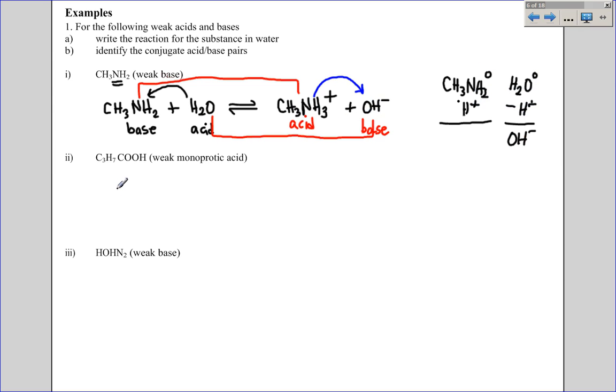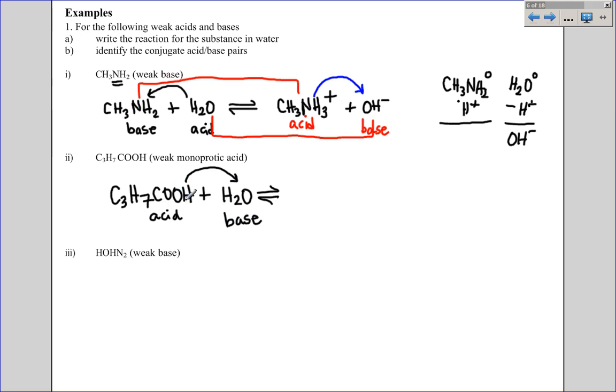Let's look at a second example. This time we've got an acid, C3H7COOH, and you can recognize acids by having this carboxyl group. So this is going to be our acid. It's going to donate a proton to the water, and the water is going to act as the base.